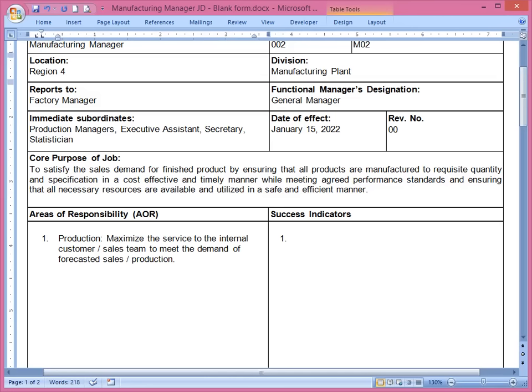One of our AOR. Okay, let's do the success indicators.